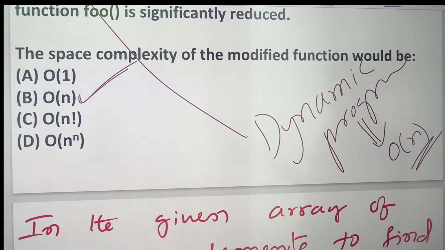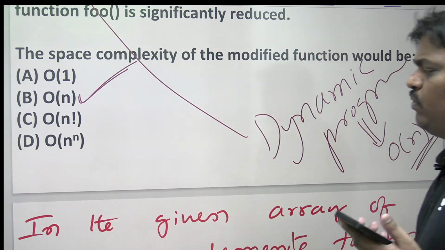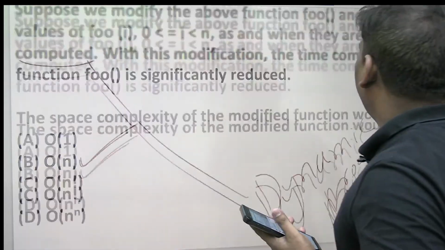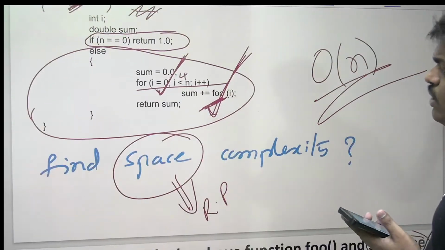The space complexity of the modified function would be order of n using dynamic programming. This problem is using dynamic programming. Please be careful. The above one is without dynamic programming.